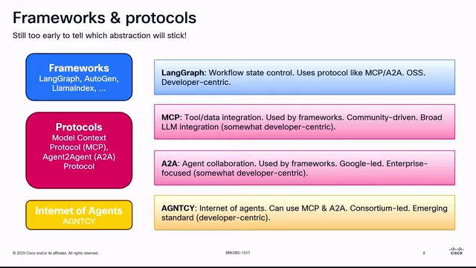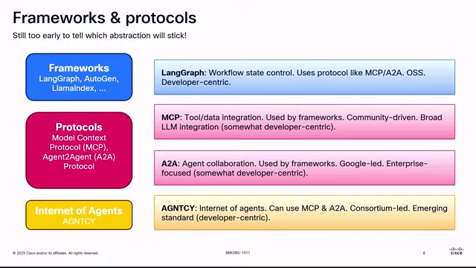You probably heard of MCP. MCP is kind of taking the world by storm in many ways. Everyone is talking about MCP. Everyone's kind of releasing some kind of an MCP server. But it really is a tool and data integration protocol. And it's used by other frameworks. It's community-driven. It's LLM agnostic, in the sense you can use it with any LLM, right? Even though I think some LLMs are better at it than others.